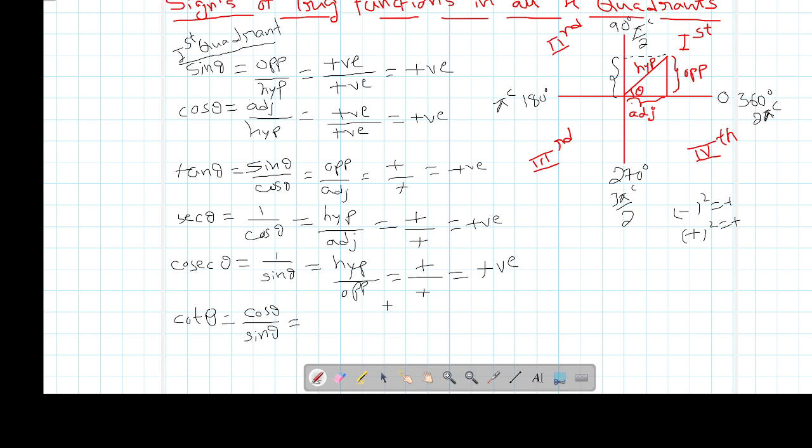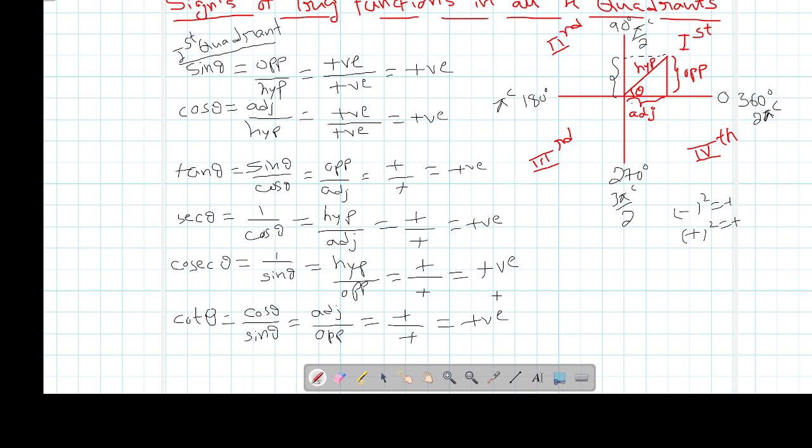So this will be adjacent divided by opposite side. Look at the adjacent. It is positive, I mean positive x-axis, right? Look at the opposite side. Opposite side is parallel to the y-axis. Which y-axis? Positive y-axis, divided by positive. This will be positive. So understood?